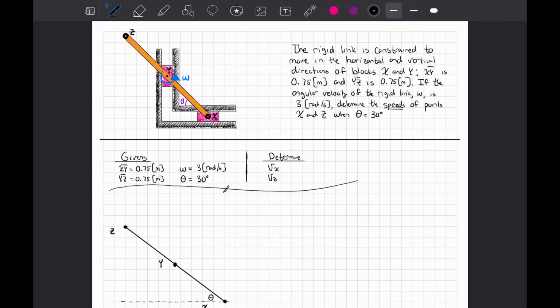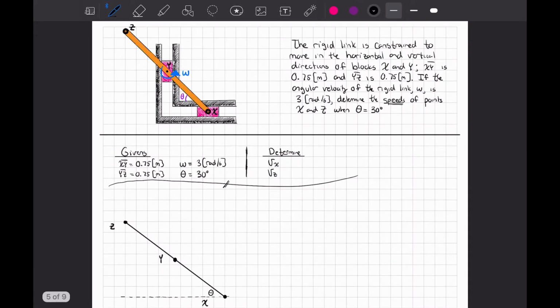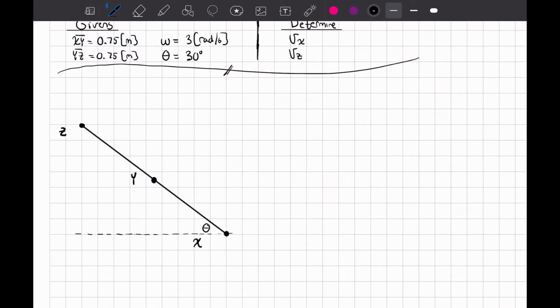Just to recap what that concept is: if we have some point, say we'll call it x here, we'll be looking at x, and we want to consider another point such that from its perspective, x is moving purely in a circular motion. By doing that, we know that we could write an equation such that omega is equal to the velocity of said point divided by the radial distance, or the perpendicular distance, between that point and x.